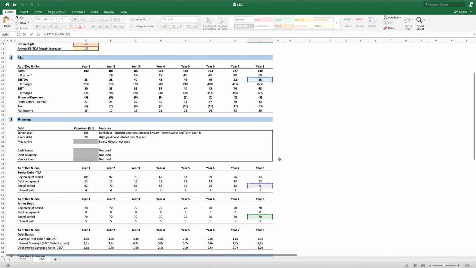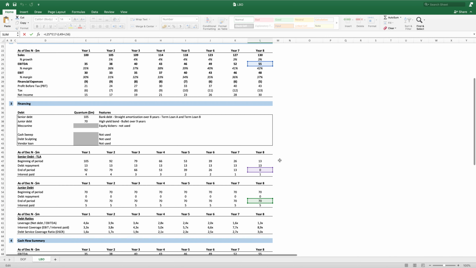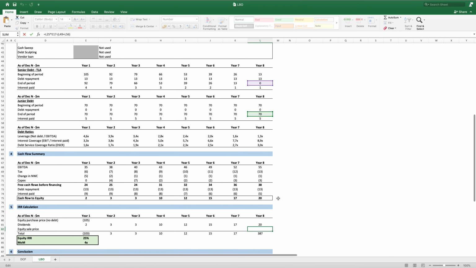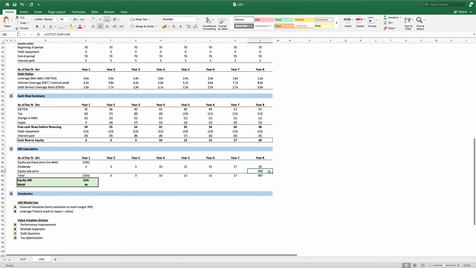that would go to the private equity fund. So here I subtract the junior debt, since it is not fully repaid yet, and which leads to the proceeds to the financial sponsor at the end of the investment horizon.